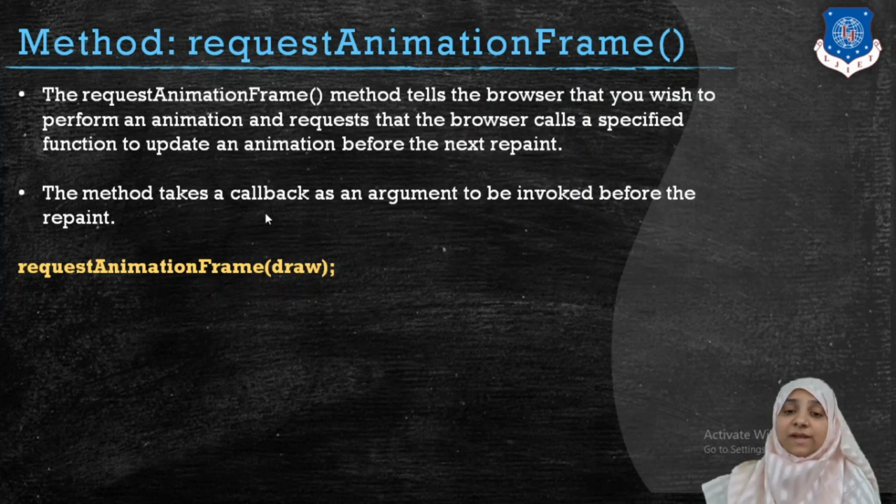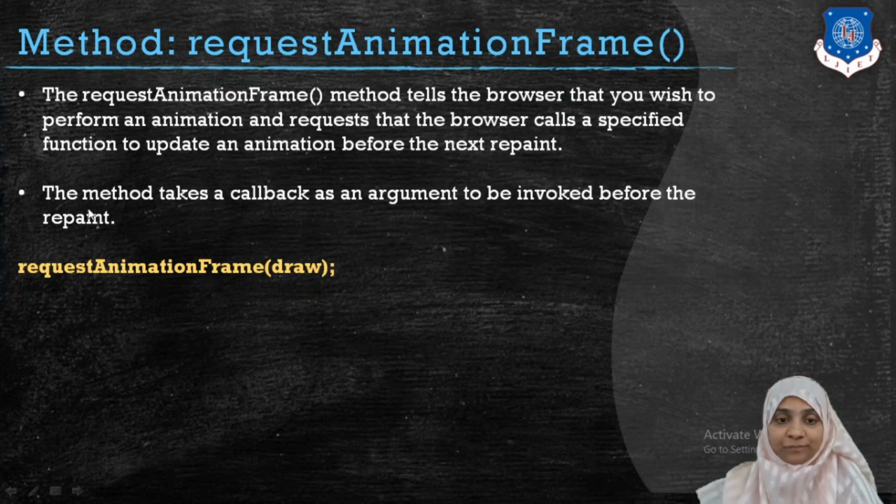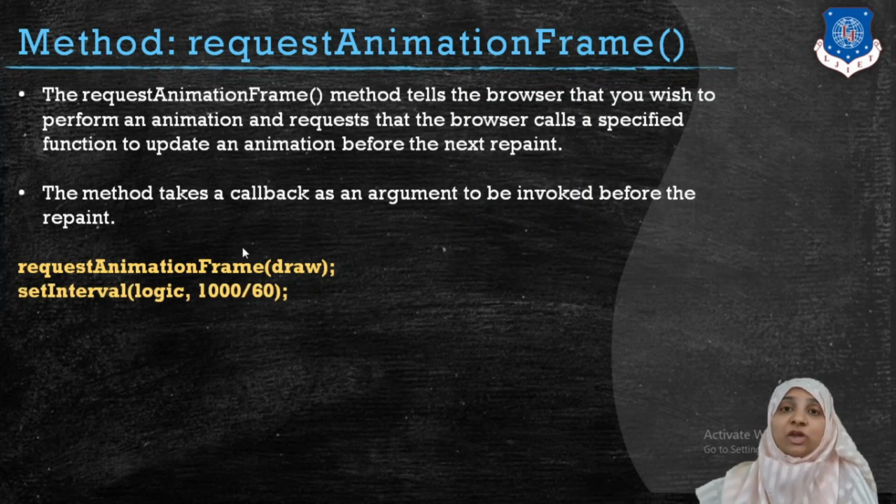It takes the name of the function that you would like to call, and the name of the function that you supply as an argument is called a callback. So the method takes a callback, which is the name of a function that you wish to call.